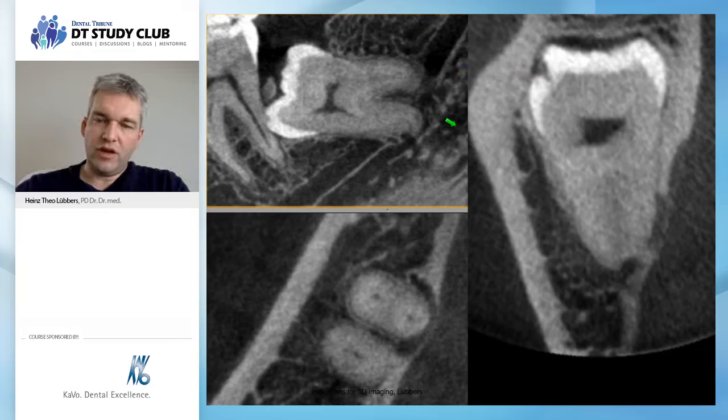But then if you have a closer look here, you see this, and this won't go away by leaving the tooth alone. So you get data about the nerve and the lesion situation, and you say, well, maybe we leave it alone. And then you see this and say, well, maybe we'd better take it out because this problem is going to grow and make pain. And you remember the case we saw before. Finally, there's probably going to be an abscess formation.